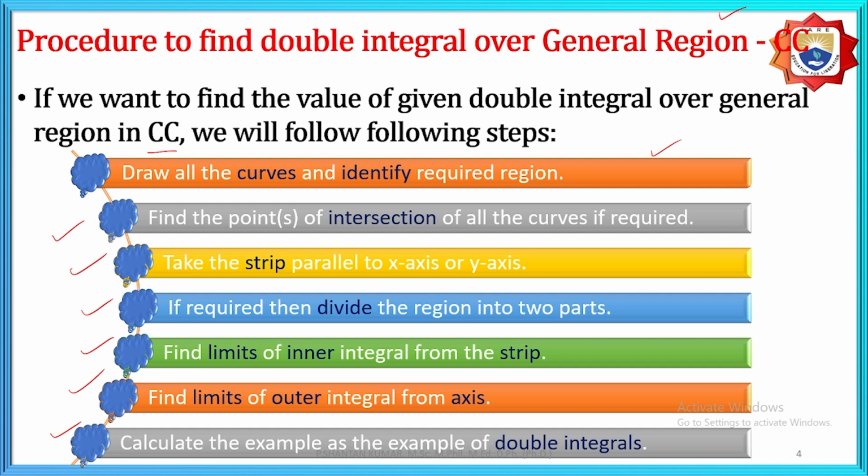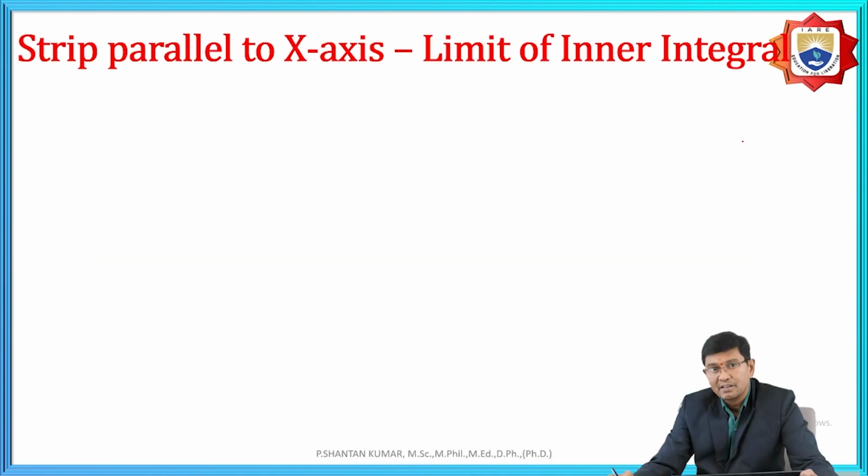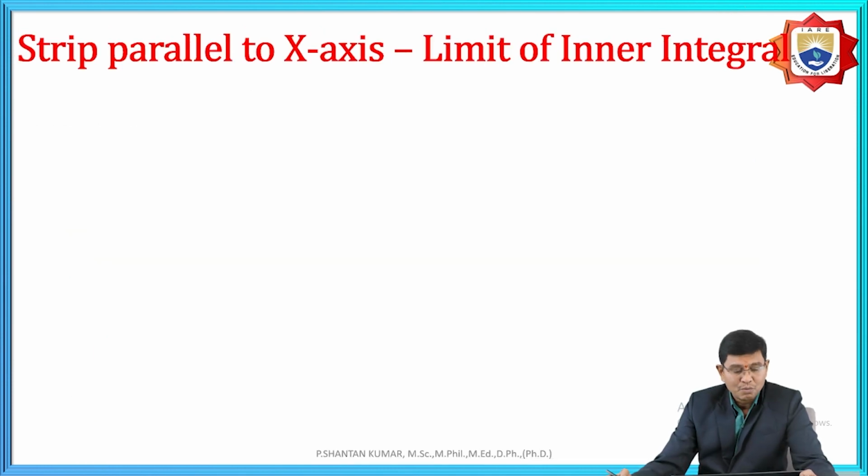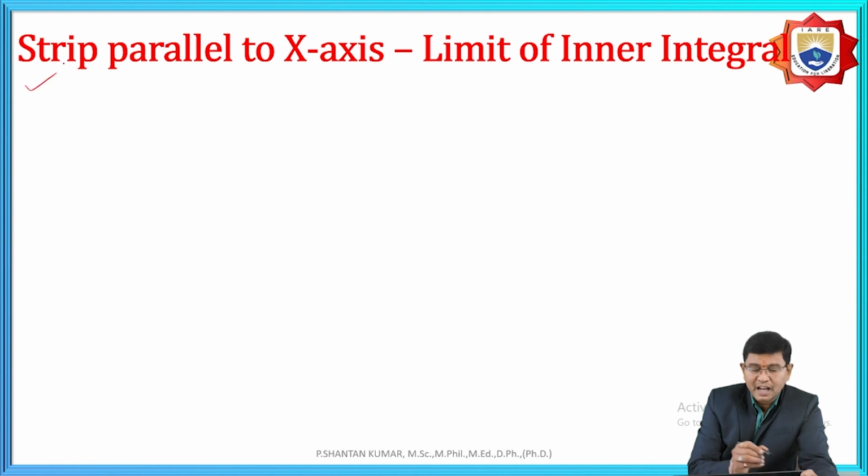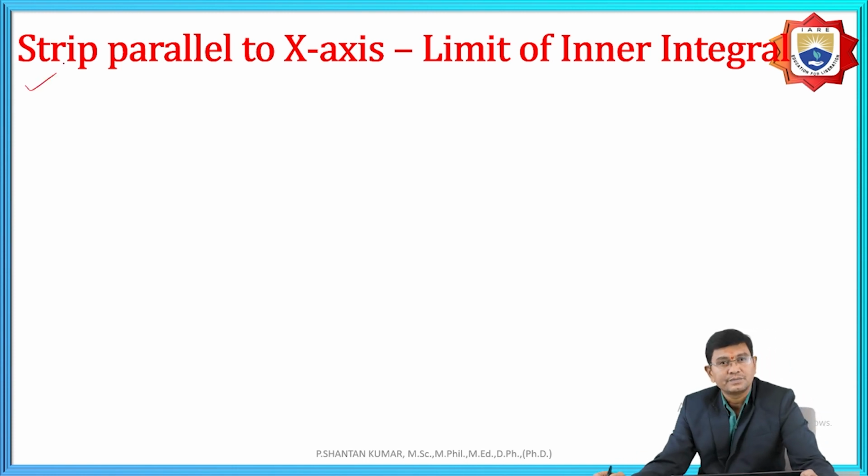These are the steps we need to remember while discussing this problem. Before discussing the problem, we need to remember the meaning of the strip parallel to the x-axis and the limits of the inner integral.